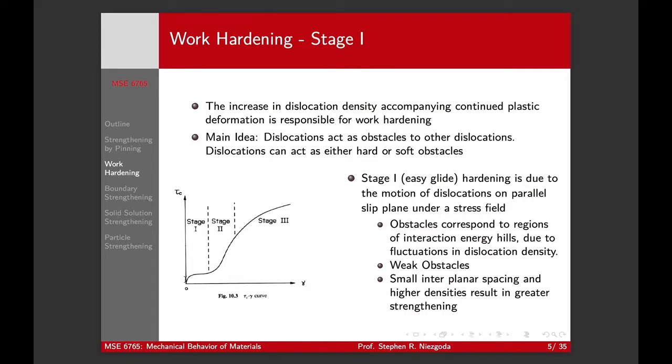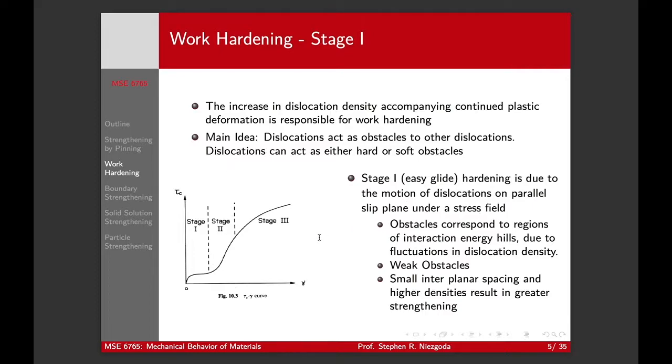And we know that in the deformation of a single crystal sample, we have our elastic regime, a regime where there's not much happening, where our plastic stress-strain curve is pretty flat, and then a region of increased hardening, and then a region where we start to saturate again. So these are broken up into stage 1 or easy glide, stage 2 and stage 3. We'll talk about stage 2 and stage 3 in just a little bit.